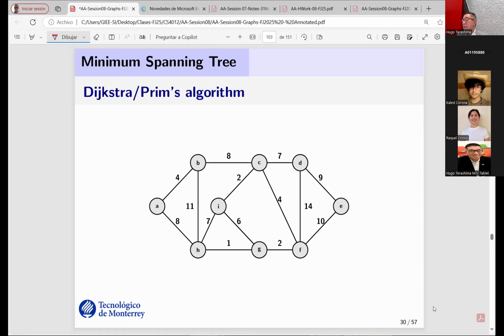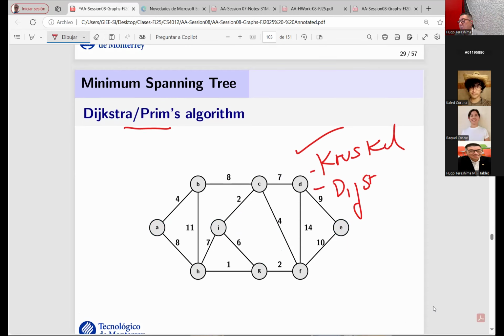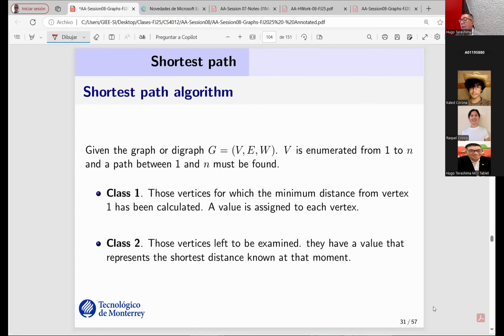So this is just an example for you to do an exercise with this algorithm. In fact, for this graph, you can apply both Kruskal and also the Dijkstra-Prim, just as an exercise, okay?